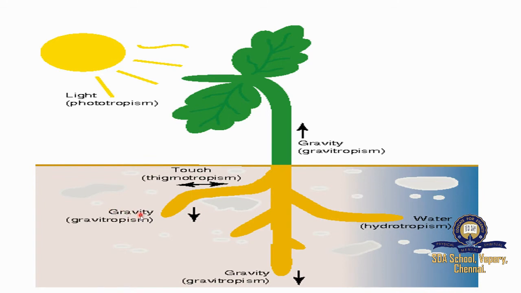If the movement is due to gravity, it is termed gravitropism or geotropism. If it is through water, it is termed hydrotropism. If any chemical change happens, it is termed chemotropism. So hope you're clear with the types of tropism in plants. Now let's move on to the next movement, which is the nastic movements.